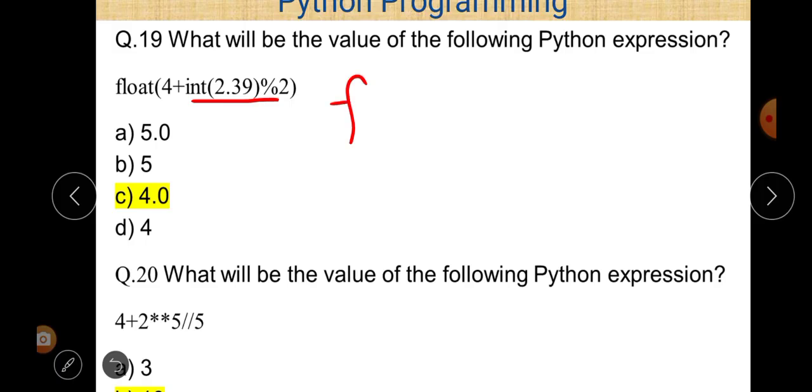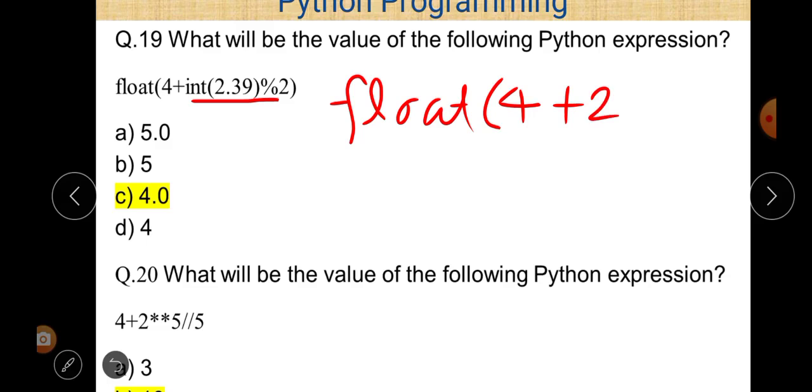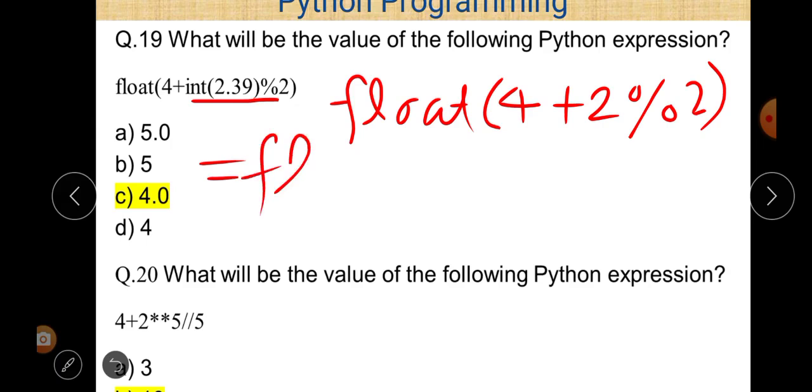So our expression looks like this: float 4 plus 2 modulo division 2. Obviously, the modulo division operator has a greater precedence than plus.